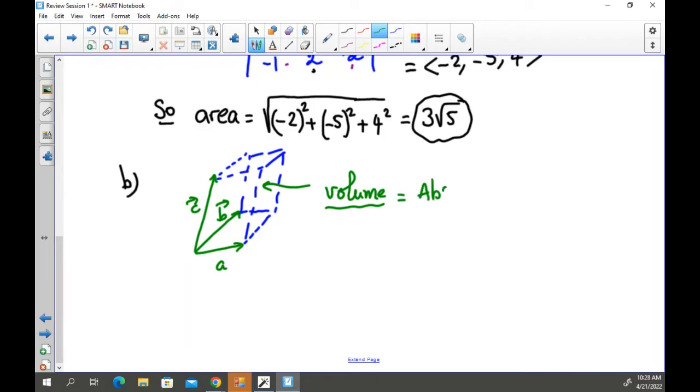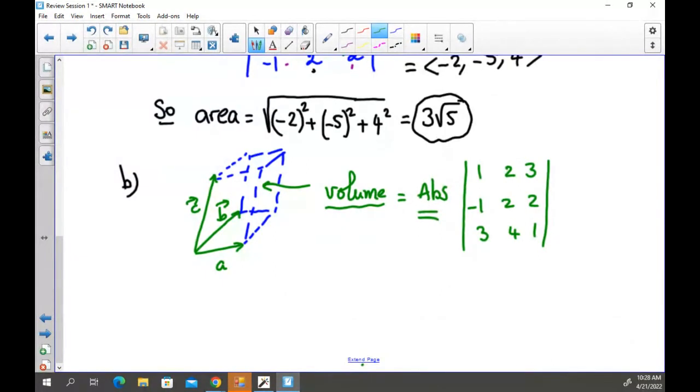It's going to be the absolute value of the determinant of A, B, and C. So you take the matrix of the three vectors, 1, 2, 3, then -1, 2, 2, and 3, 4, 1. But don't forget to take the absolute value of this determinant.